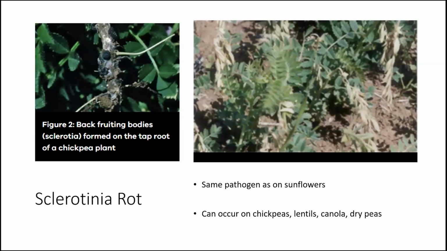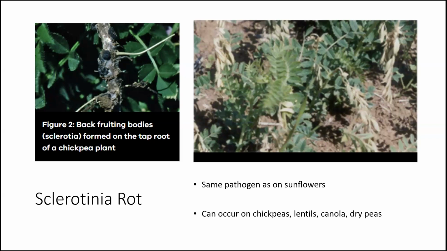Another one that can occur on pulse crops, and I'm bringing this up because it is related to sunflowers, is Sclerotinia rot or white mold. This is the same pathogen that is on sunflowers, and it's been reported on chickpeas, lentils, canola, dry peas, so it can affect most of the pulse crops. The picture on the left kind of shows an extreme example of white mold on a chickpea.